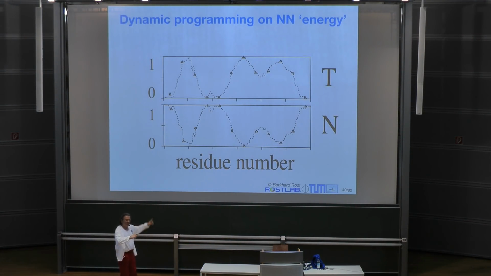So simply, this is the output of the neural network for the entire protein, from residue 1 to residue L. This protein has 300 residues. Okay?